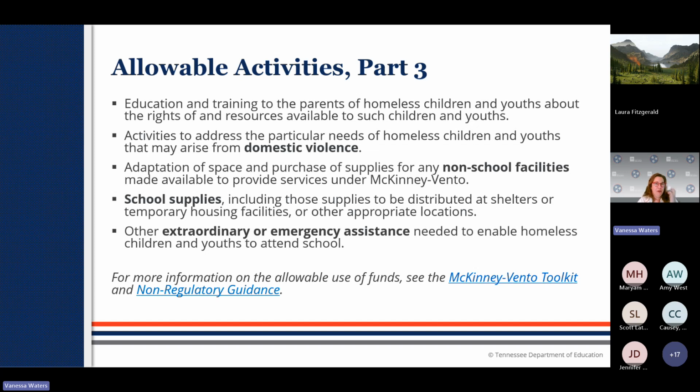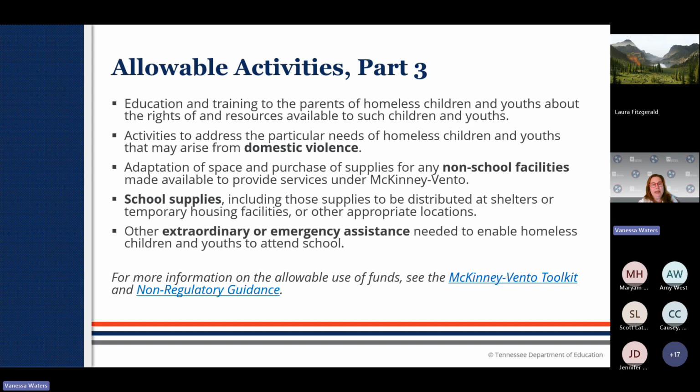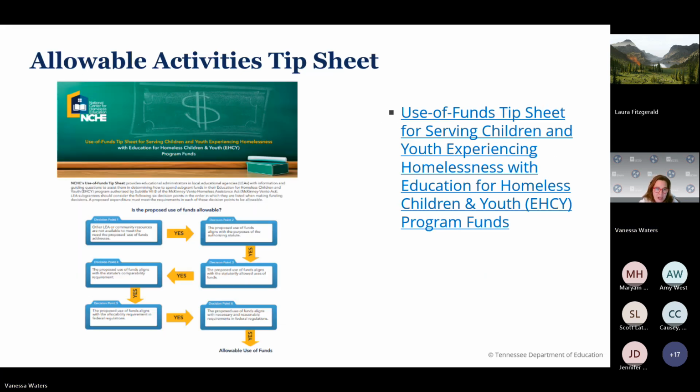So maybe it's a family that's camping. There's something unique that you need for that particular case. Don't ever hesitate to reach out. We are a team and I'm here to work through any cases that you may have and budgeting for those situations. Oh, and I forgot to mention, all of this is in the non-regulatory guidance and you can find it in the toolkit as well.